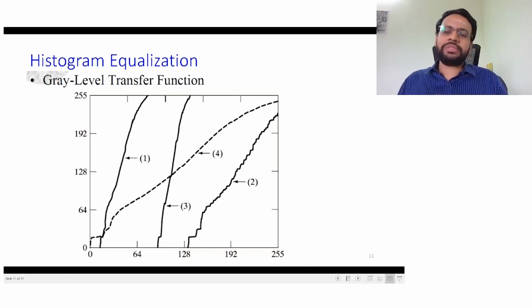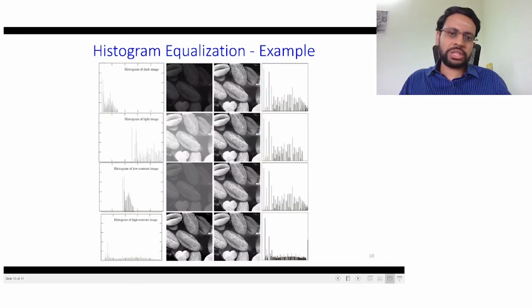So that's the effect of applying histogram equalization in enhancing the quality of the image. I repeat, the assumption we are making here is that a good image is the one where, if you plot the histogram for it, it will have more or less equal distribution. That's all as far as histogram equalization is concerned.